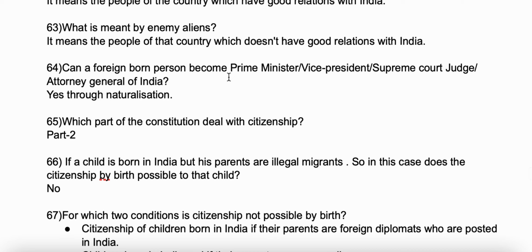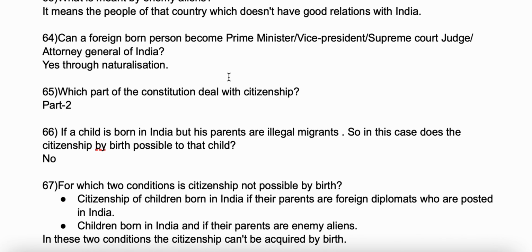63rd question, what is meant by enemy aliens? It means the people of that country which does not have good relations with India, example China and Pakistan. 64th question, can a foreign born person become Prime Minister or Vice President or Supreme Court Judge or Attorney General of India? Yes, through naturalization.